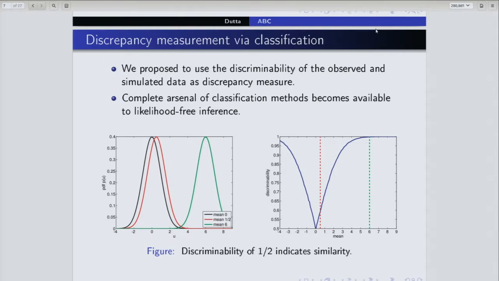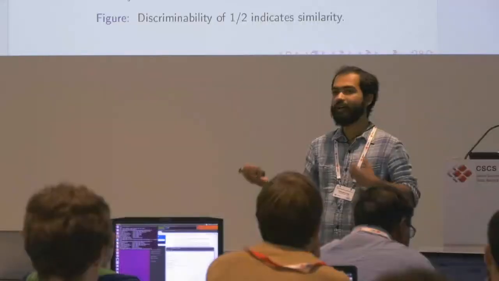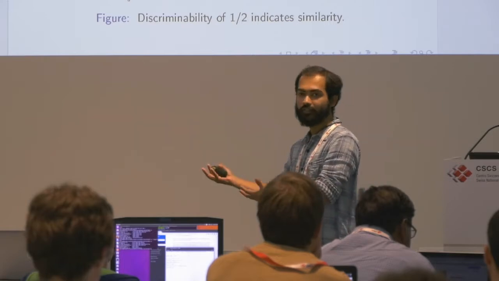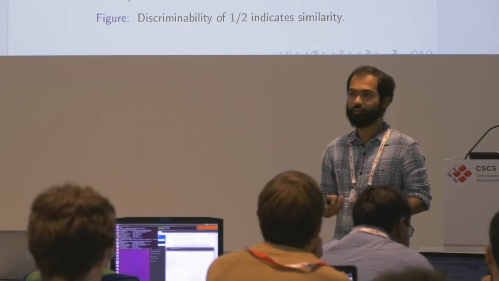You get complex data sets in some cases, and it's a nice method to do some sort of classification. And then random forests, ensembles, and all sorts of different classification rules exist. So if you define classification accuracy as a distance measure, then this whole ensemble of classification methods becomes available for ABC. You can use any of them to compute your classification accuracy.